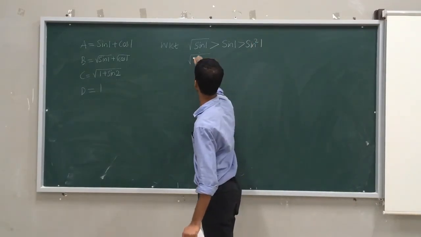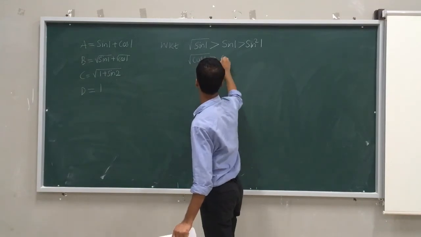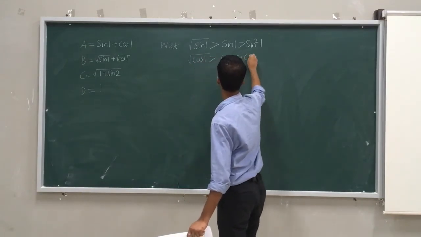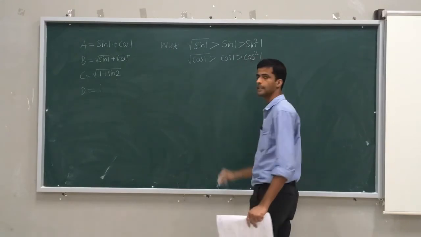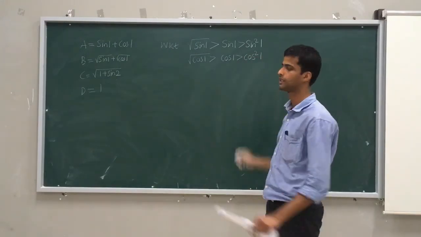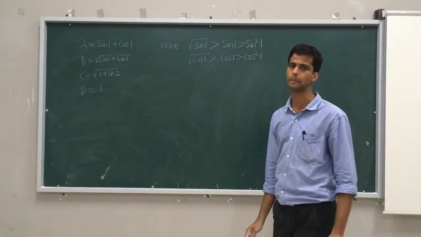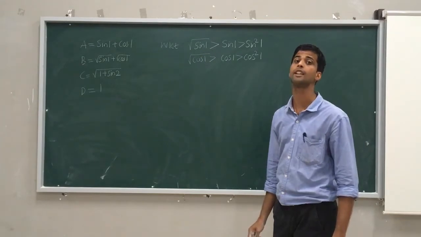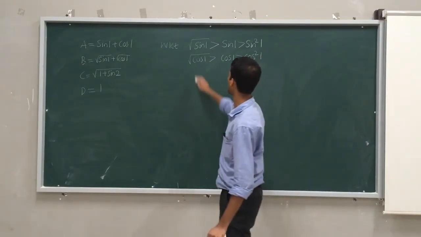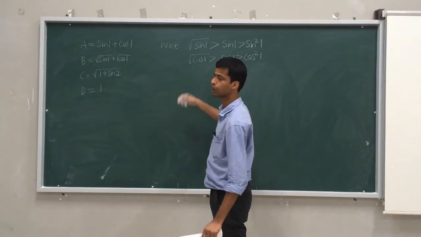Similarly, root of cos 1 is greater than cos 1, which is greater than cos square 1. If you have a scientific calculator, just go through it by keeping that calculator in radian mode. Now I will add these two expressions on both sides.